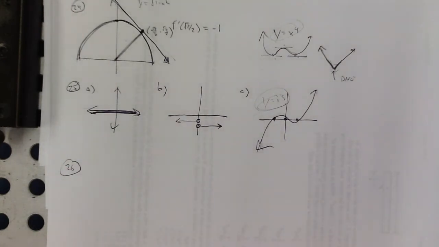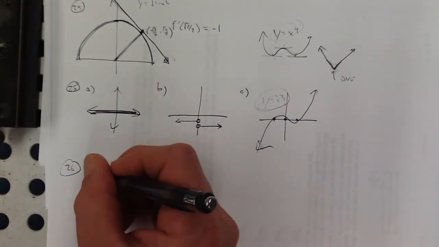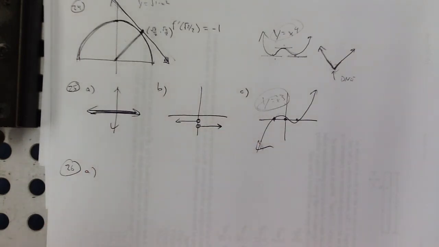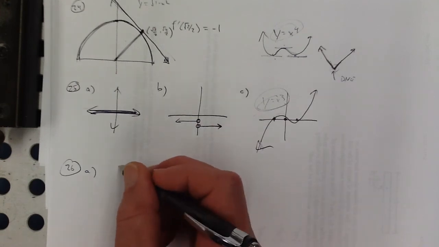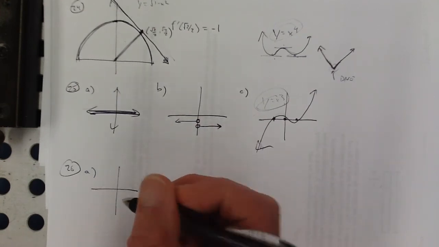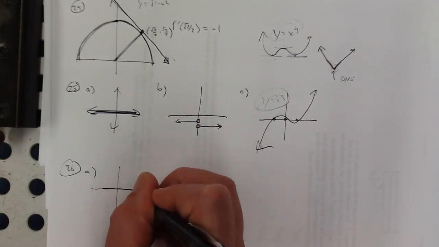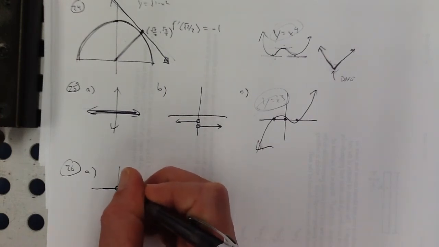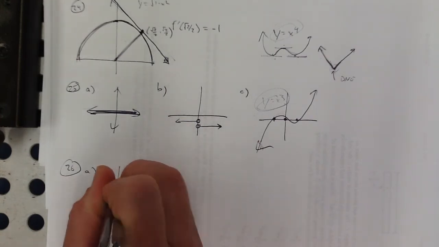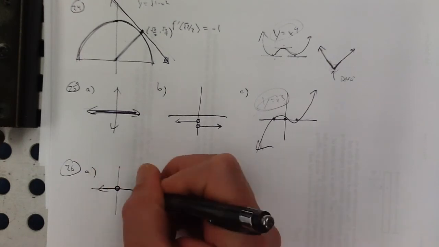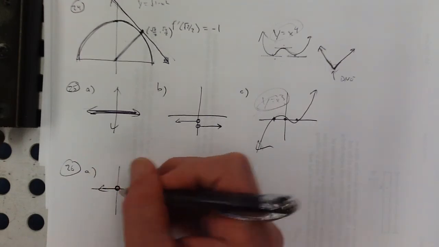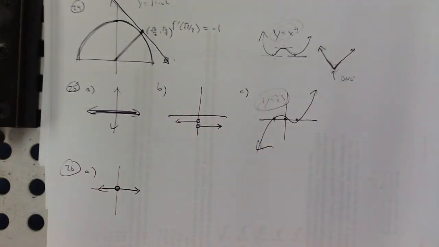All right, so 26, last one. 26A, I've got two horizontal lines with a slope of 0 and then a slope of 0 again. But at 0, there's a jump in this graph. And if there is a jump, you cannot pin a tangent line onto this function.